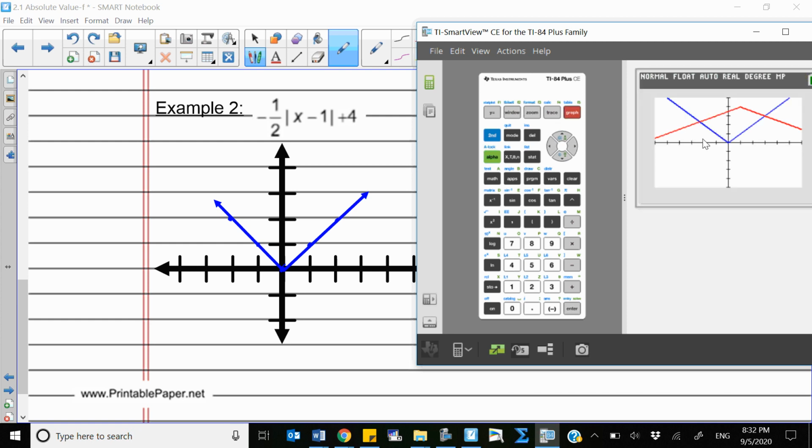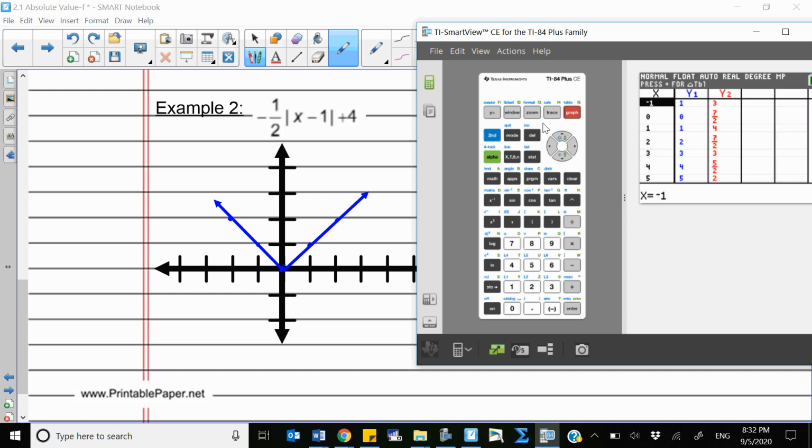As you see, this is moved right 1, up 4, reflected over x-axis, and also shrunk by a scale factor of 1/2. As you see, the graph is kind of wider. That's why we have a vertical shrink here, wider and shorter actually. Okay, so let's use the points here. Second table.